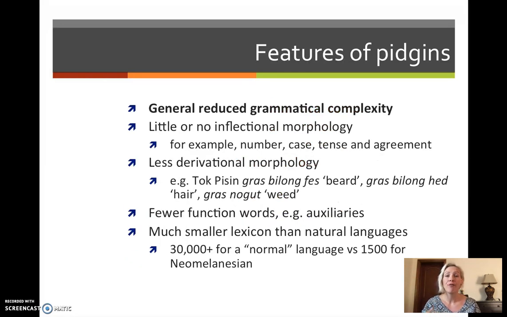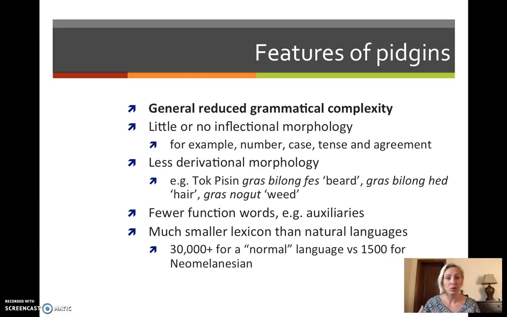So pidgins are very limited when it comes to complexity, when it comes to grammar. They have little or no inflectional morphology, so number, the difference between one thing and many things, like in English is marked with S, right? Cat, cats.